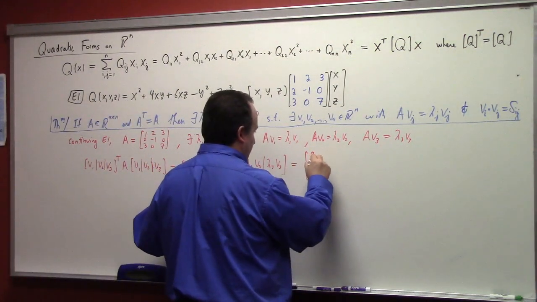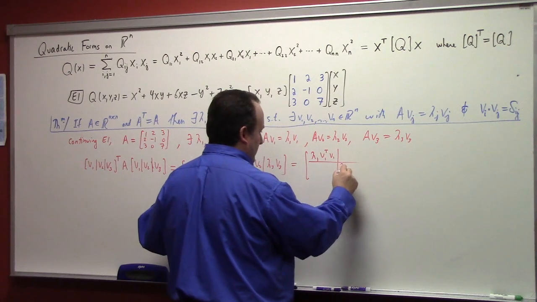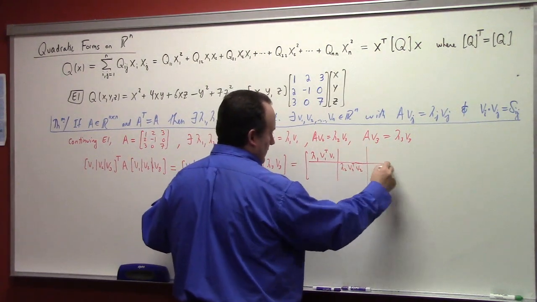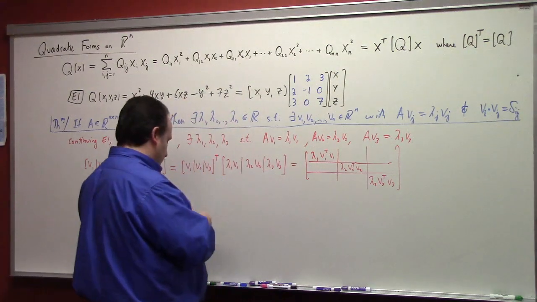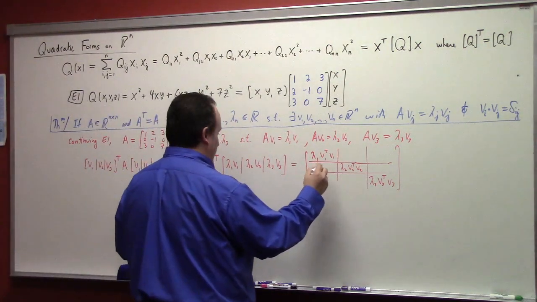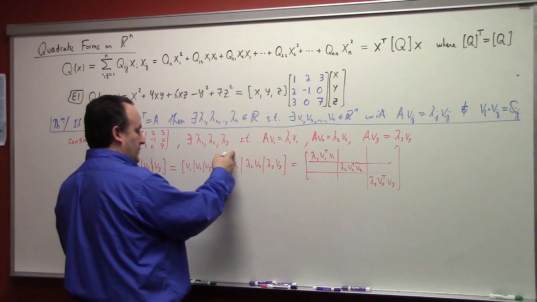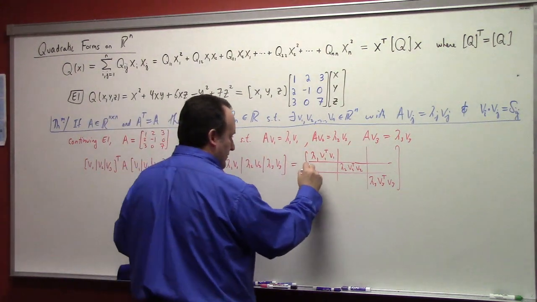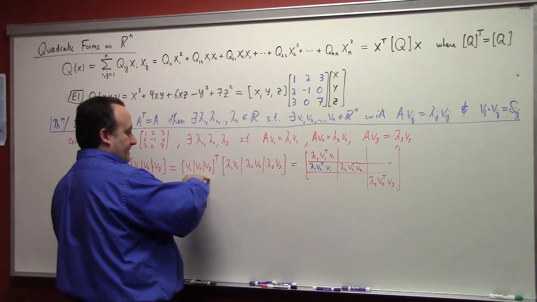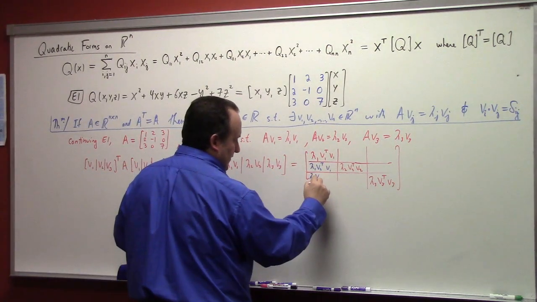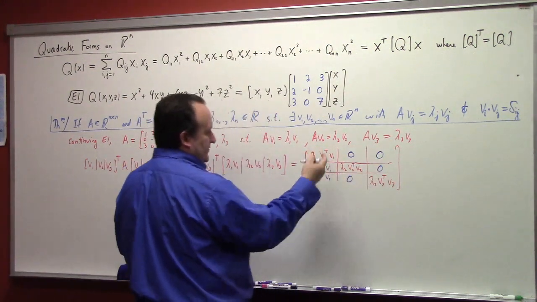I get lambda 1 V1 transpose V1, lambda 2 V2 transpose V2, lambda 3 V3 transpose V3, and, for example, I would have lambda 1 V2 transpose V1 here, and then lambda 1 V3 transpose V1 there, etc. The point is that these are 0 because those are the dot product.